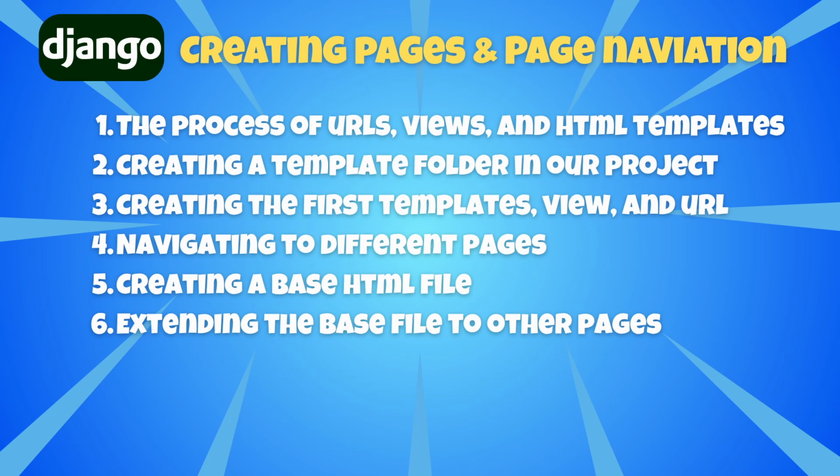Then I'm going to show you how we can navigate to different pages and also how we can avoid writing duplicate code by creating something called a base.html file. As a last step, we will be implementing that base.html file inside of our project so that we can effectively display content to our users.